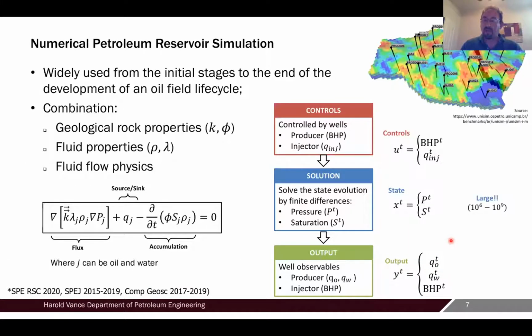In general, these states are large. We're talking about millions to billions of states. Of course, this depends upon how you're discretizing this PDE here, right? But usually states are really large. And the output usually is given by, I would say, a semi-empirical relationship, which is given by, if you can reconstruct the state here, this pressure, we can actually determine what's going to be the output of this well, which is not ideal, right?